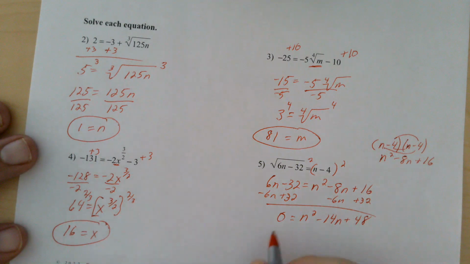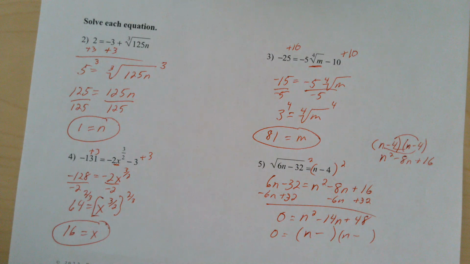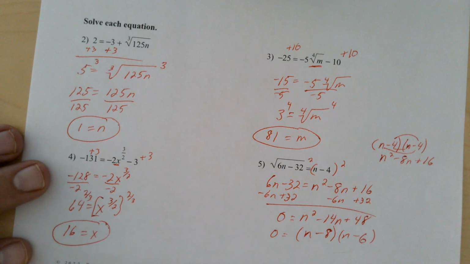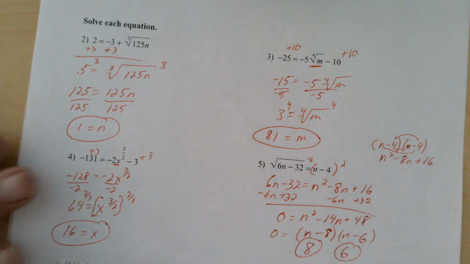This should be easy to factor. 2 sets of parentheses, and n minus, minus, and then ways of getting 48, you'll eventually see that 8 times 6, okay? 8 times 6, and then the good news is it agrees with the negative 14n. So if you have an 8 and a 6, the outers and inners agree with negative 14. Therefore, I know I factored it correctly, and now I can say my answers. 8 is an answer, 6 is an answer.